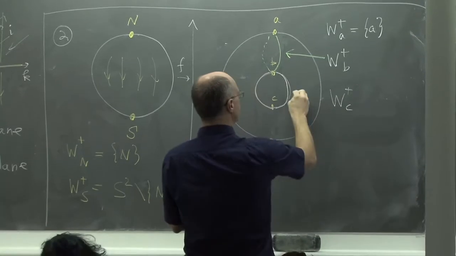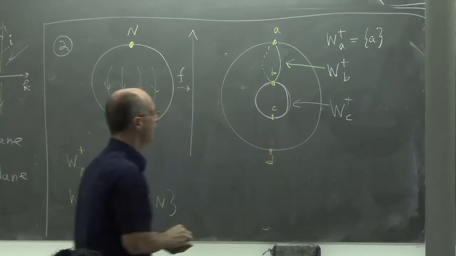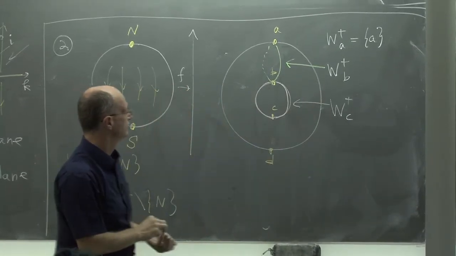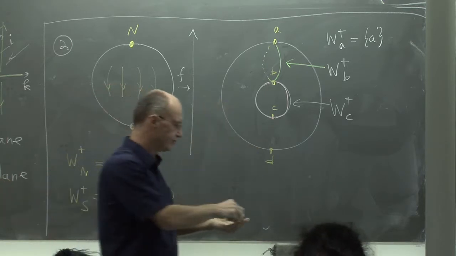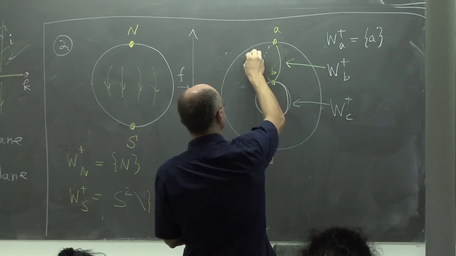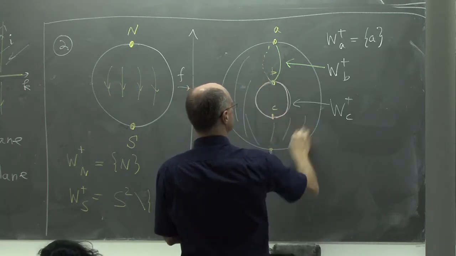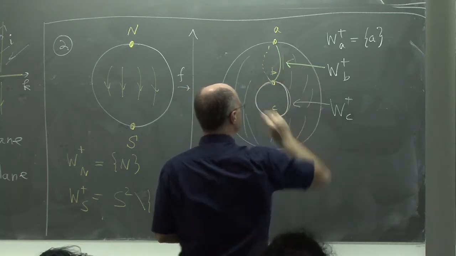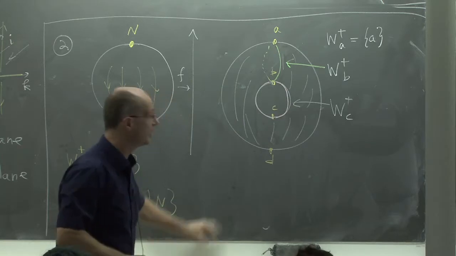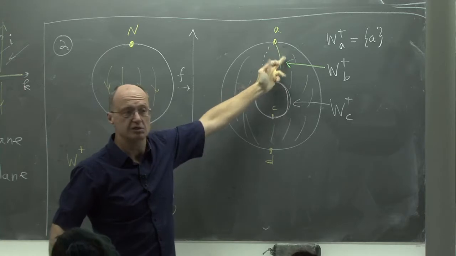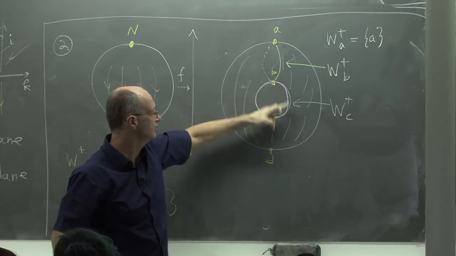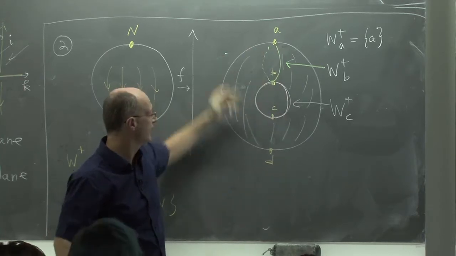The stable submanifold for C, and for D, is just the rest of it. By the way, I said they are submanifolds. Indeed, this is an open interval, and this is an open interval.